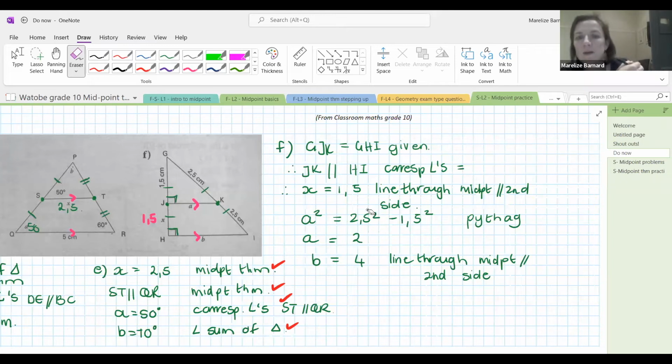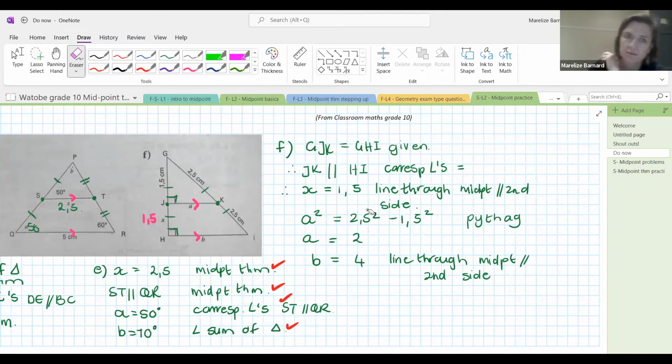Perfect. That was 4. And then I divided it by 2 to get a, because it's the midpoint theorem. Yeah, that's perfect. We could have done it that way. Your 2 reasons are just going to be swapped. So you're going to work out for b and use reason Pythagoras. And then for a is 2, then you use reason line through midpoint parallel to second side.